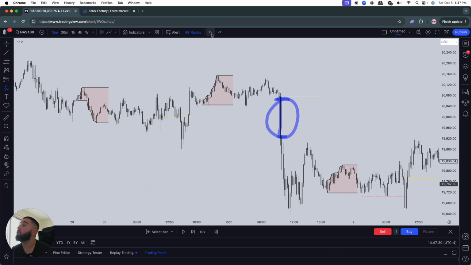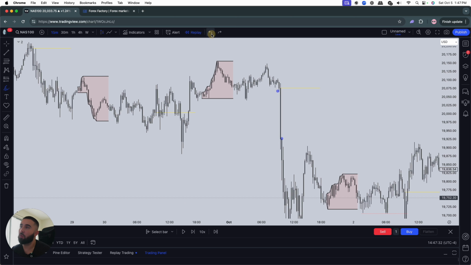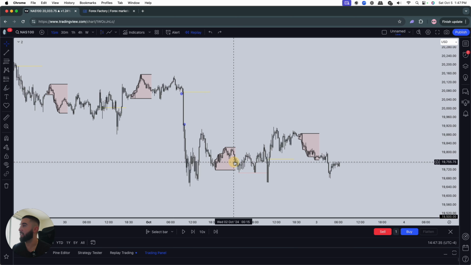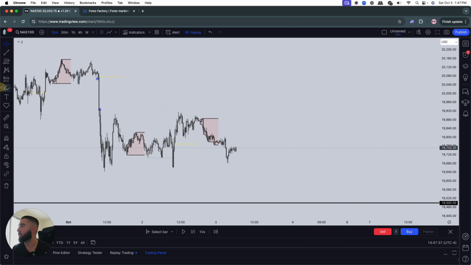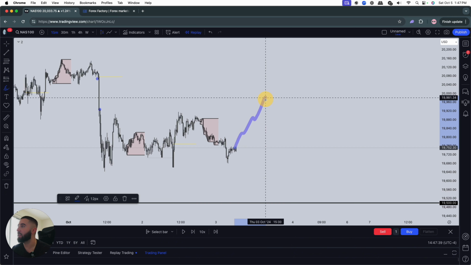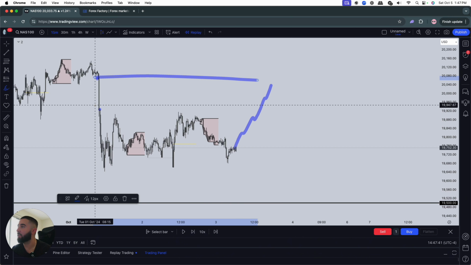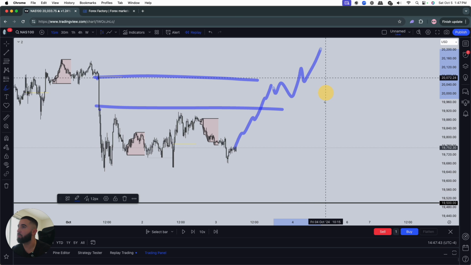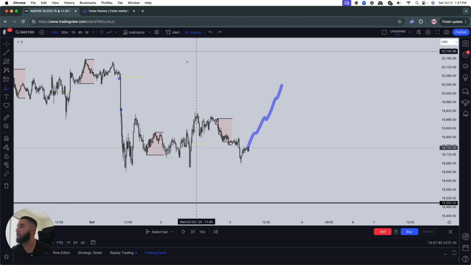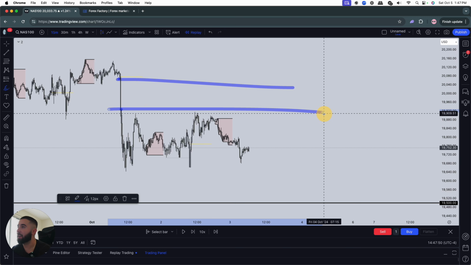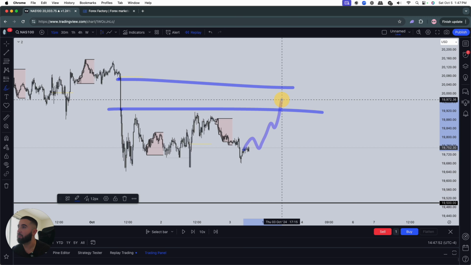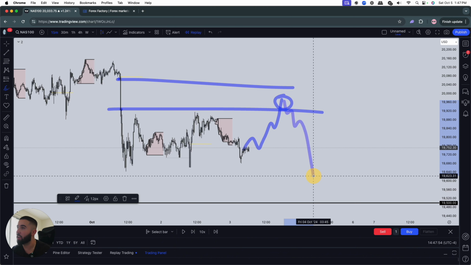Now, what we do once we're within that imbalance is going to be a mystery until we actually tap into that zone. So some examples may be that we just come into that imbalance area here and basically just push through it, or we can get a very strong reaction from that imbalance point where maybe we come in, we tap into it, and then we reject it.